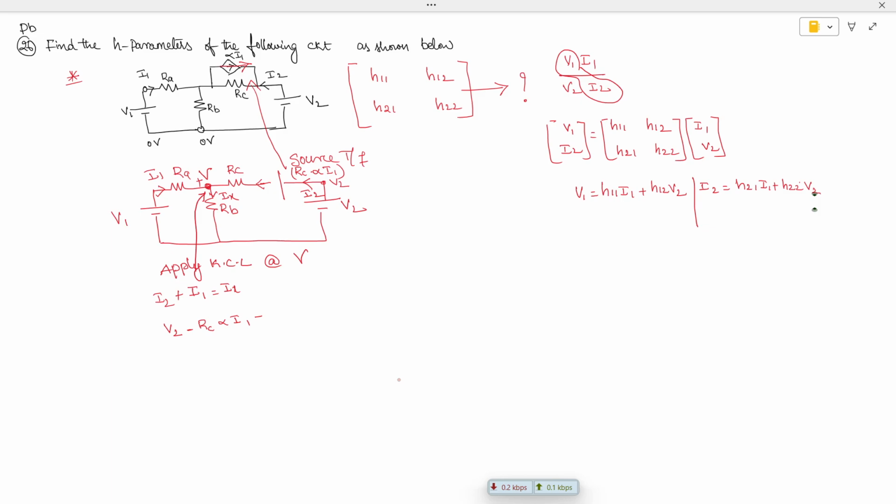This is the positive terminal, this is the negative terminal, the leaving terminal is minus V, so I2 is that divided by the RC value, plus the I1 value. So this is I1, that is equal to Ix. How to write down Ix? Ix we can write down as V minus 0 divided by RB.